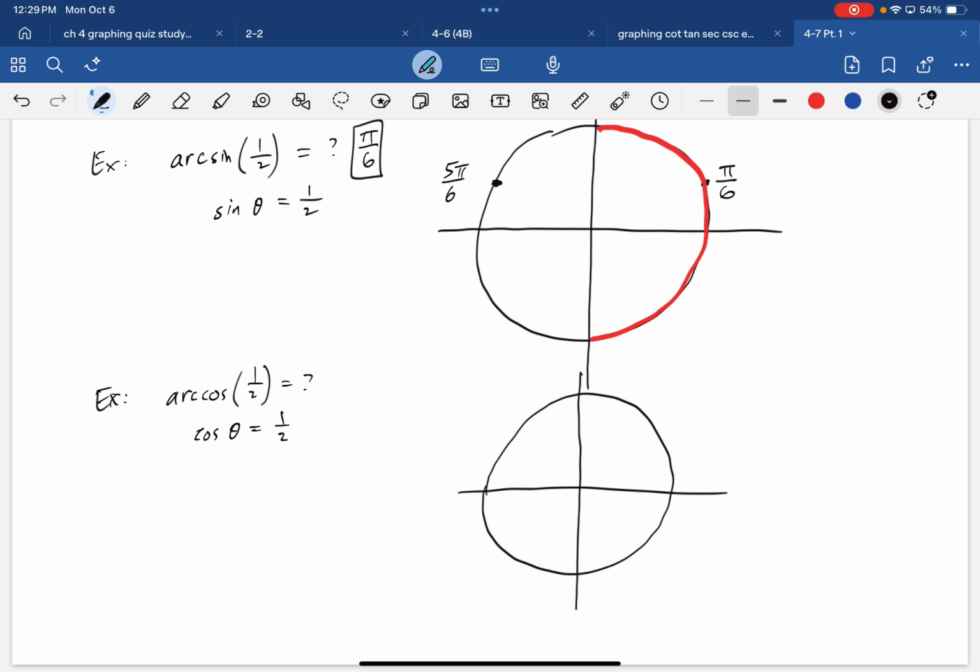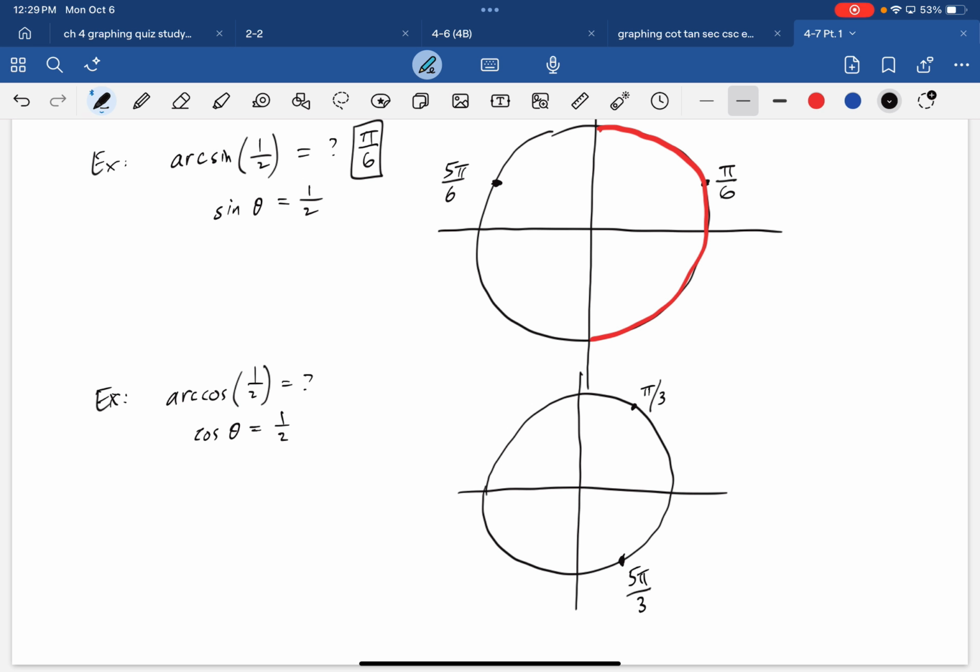Okay? So, in order for cosine theta to equal 1/2, we have to be here or here, right? Because we're looking for a point on the unit circle where the x-coordinate is 1/2. So that's going to be pi over 3 and 5 pi over 3 or negative pi over 3.